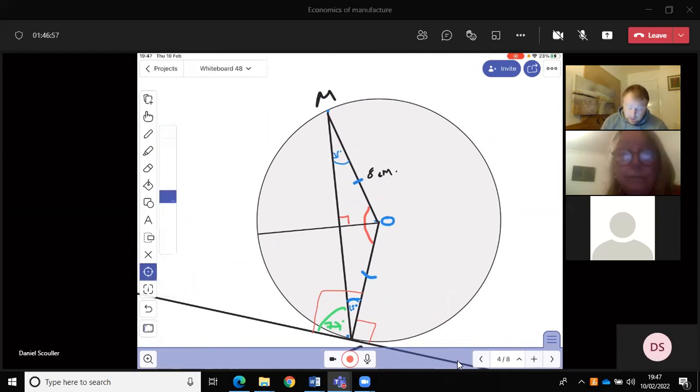What else do we know as part of this triangle? Well, we know the angle in here. So we've got 13 degrees and we've got the hypotenuse. We want to know the chord length, MT. We've cut that chord in half by taking our radius away from O. So we can find out what half the chord length is by doing SohCahToa.